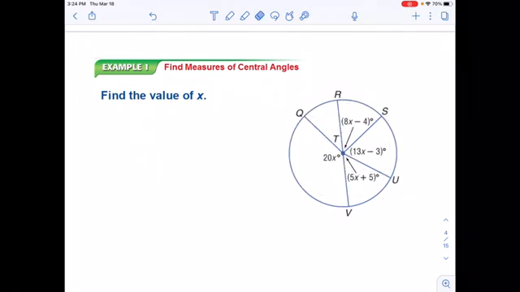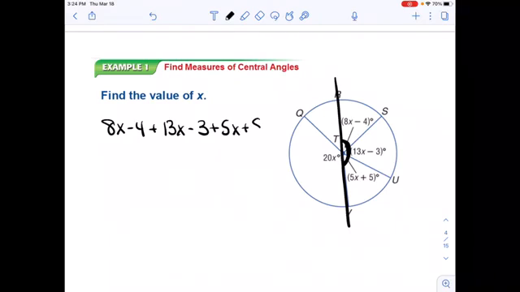But because they're not vertical angles, I instead am just going to use half of this. If you recall, a line was equal to 180 degrees, so we can have 8x minus 4 plus 13x minus 3 plus 5x plus 5 equals 180. This 20x is actually extra information that we don't need.